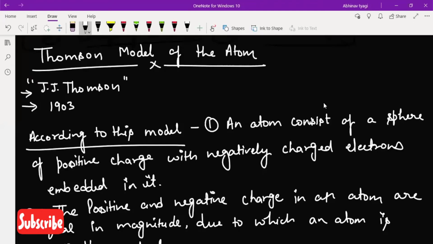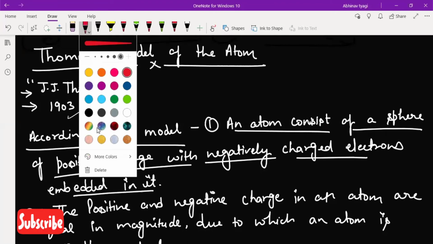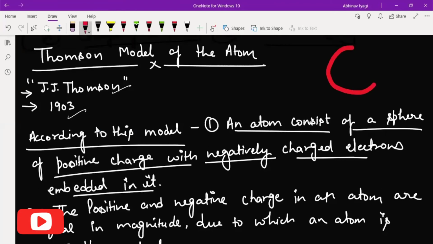When J.J. Thomson proposed his model of the atom in 1903, only the electron and proton were known to be present in the atom. According to the Thomson model, dear students, an atom consists of a sphere of positive charge with negatively charged electrons embedded in it. An atom will behave like a positively charged sphere, like this.